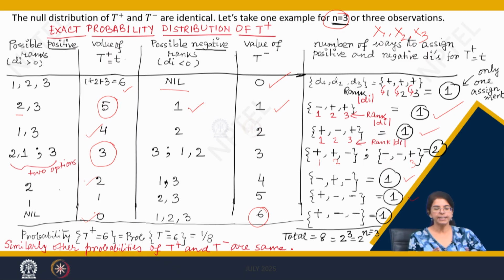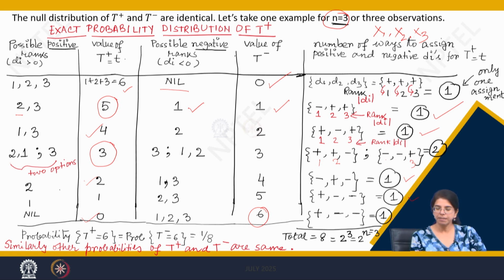Can you understand that t plus and t minus are conjugate? When t plus is increasing, t minus is decreasing, and when t minus is increasing, t plus is decreasing, right? So the probability of t plus is equal to 6 is the same as the probability of t minus is equal to 6.